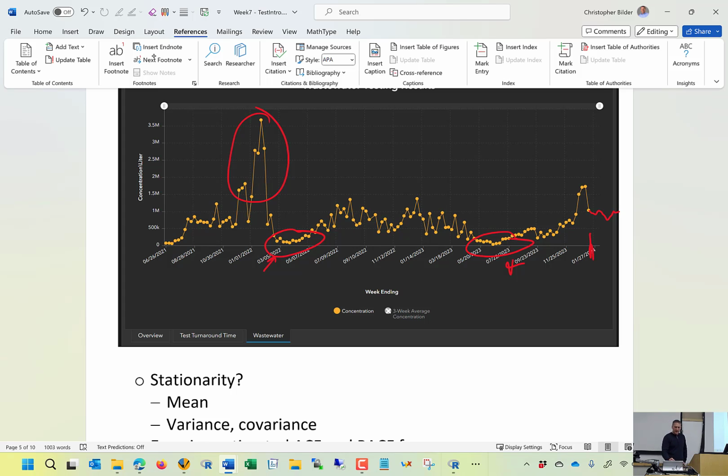But imagine we didn't have these points at all. Would that change your mind about stationarity in the mean? It might a little bit. And given that this was for a short time period, that's why I think it's questionable.